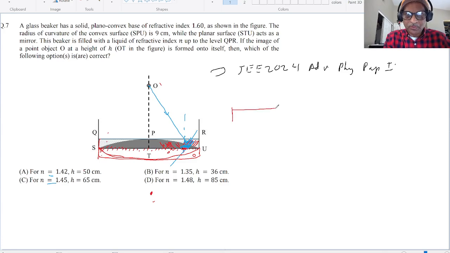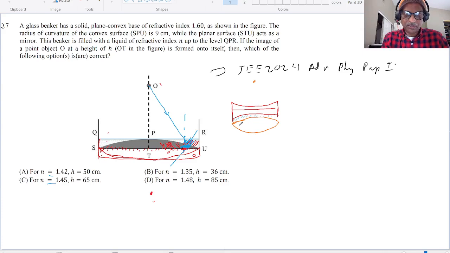So you could say I have a lens like this, and then there is some kind of air gap, a tiny air gap, and then another like that, and the object is sitting here.